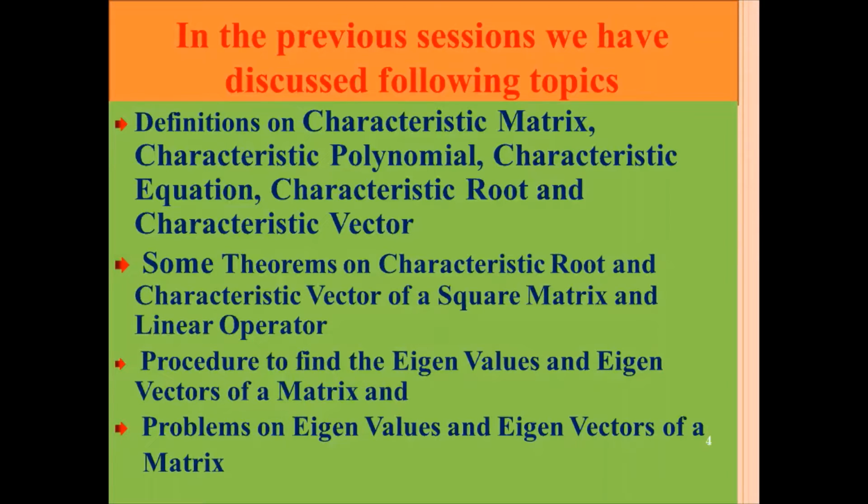For every non-zero vector x such that Ax is equal to lambda x, we call x a characteristic vector. We have also discussed theorems on characteristic roots and characteristic vectors of a square matrix and linear operator, the procedure to find the eigenvalues and eigenvectors of a matrix, and problems on eigenvalues and eigenvectors in the last two sessions.